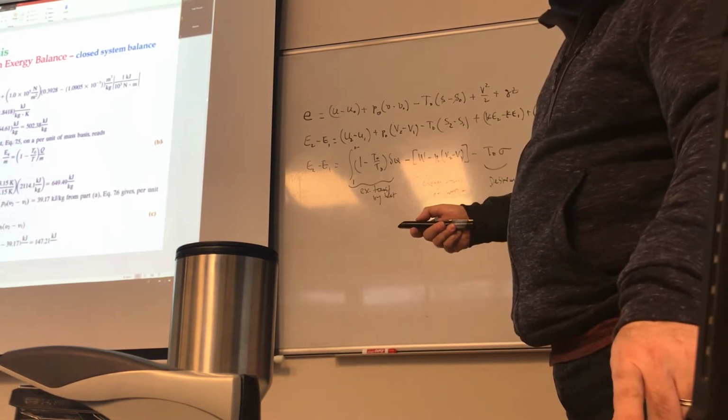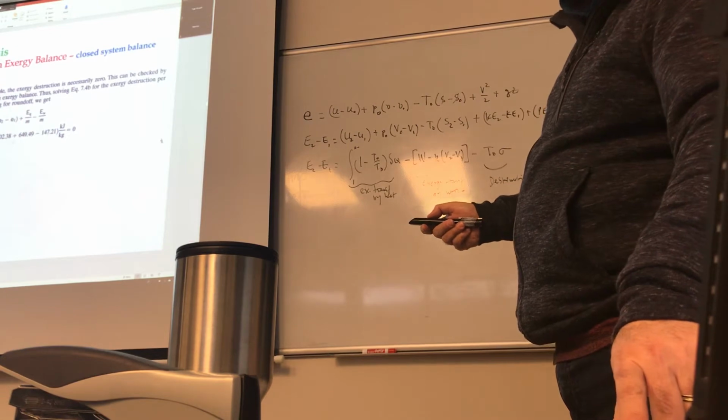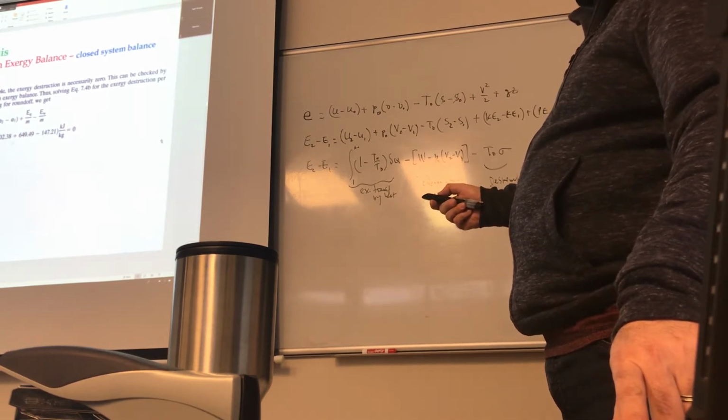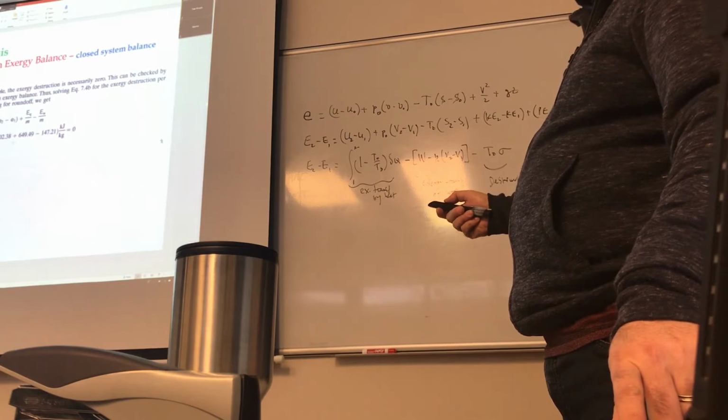And then we came up with the appropriate answer, at least for the destruction. Because in the destruction we got a 0 value, that means that the process is totally reversible.